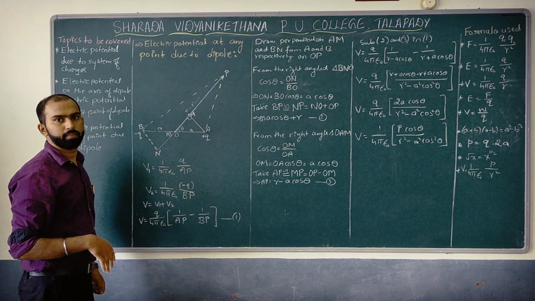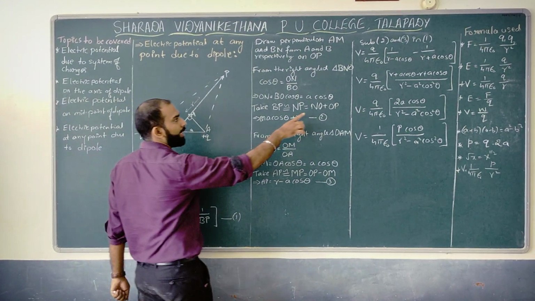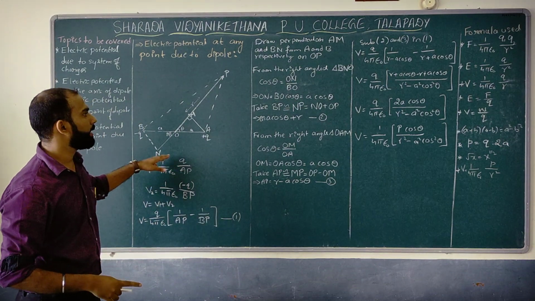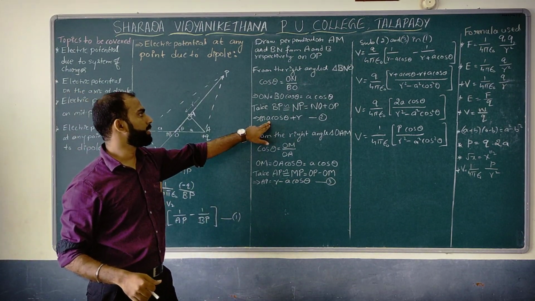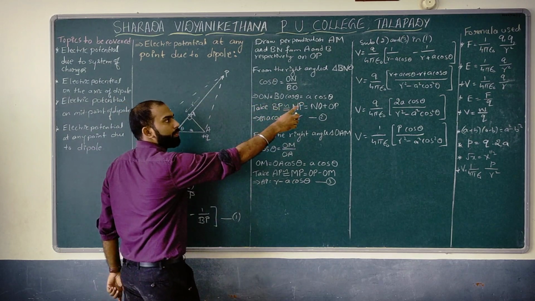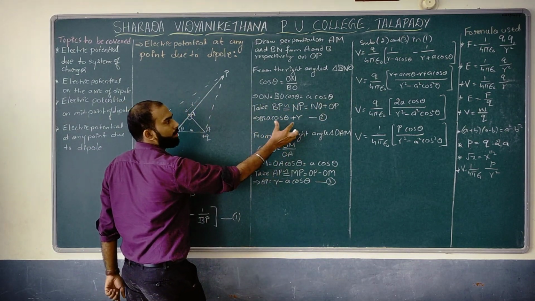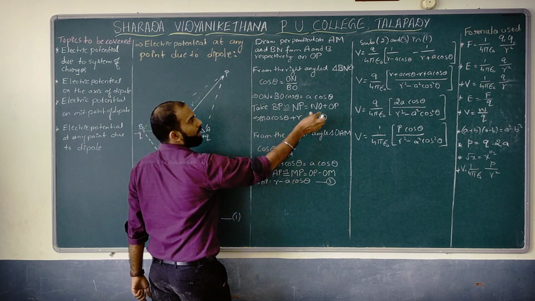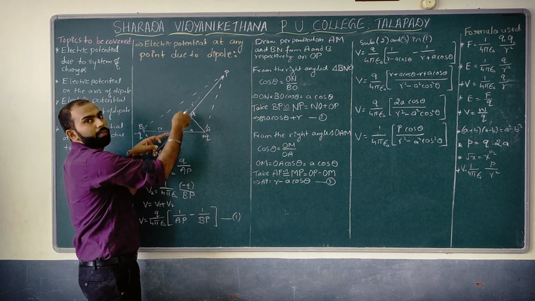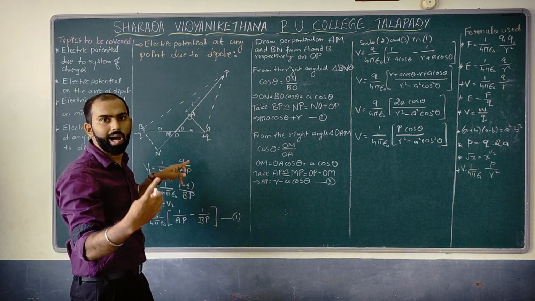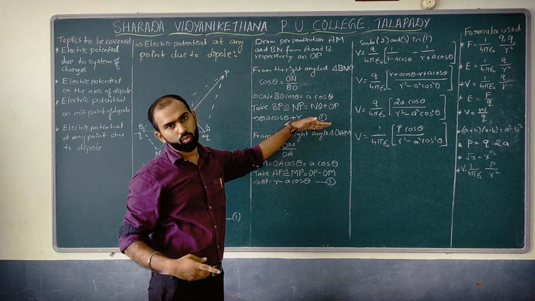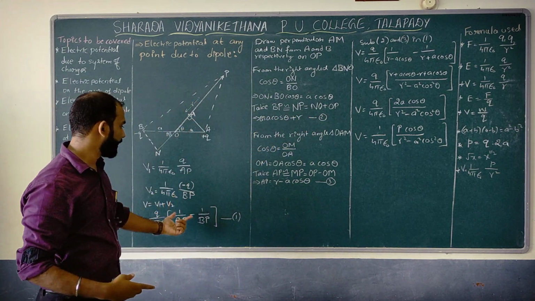Are you getting? So write ON plus OP. We have got ON just now, which is a cos theta. Replace ON as a cos theta and OP as, what is the length between O and P we have taken, that is r. So replace r and make it equation 2, because we have already taken equation 1.